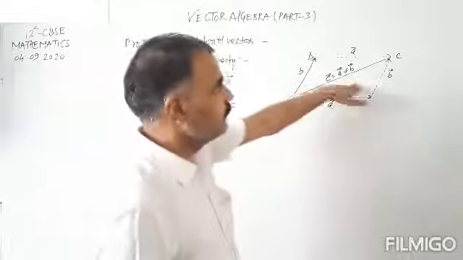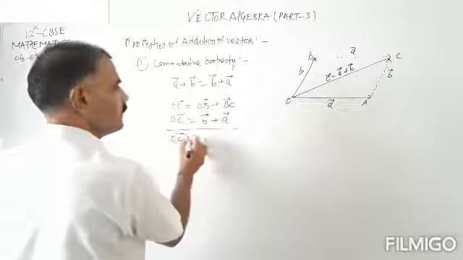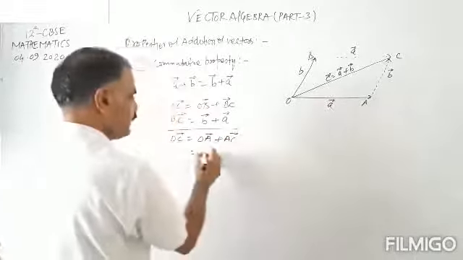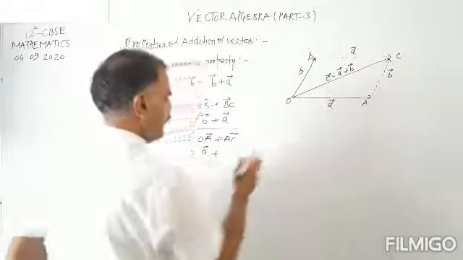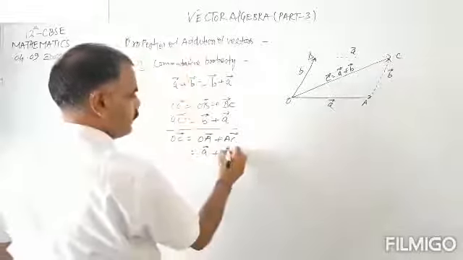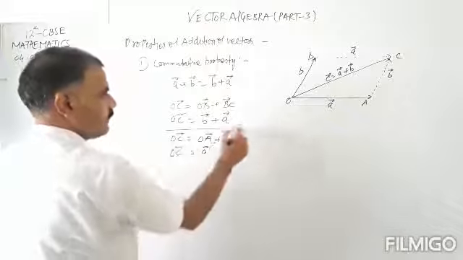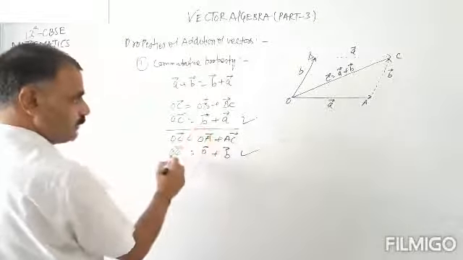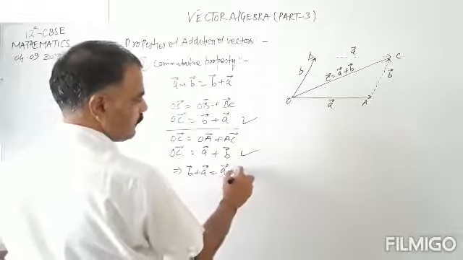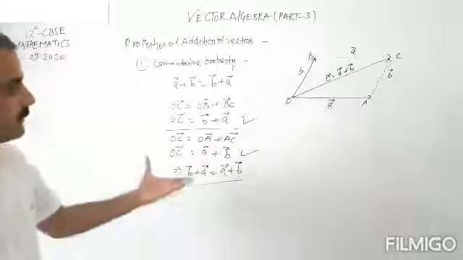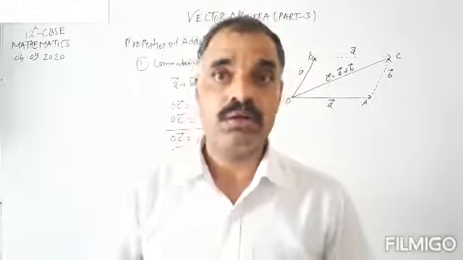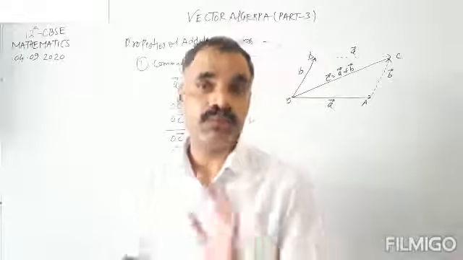And in this triangle, OC vector is equal to OA vector plus AC vector. OA vector means A vector, plus AC vector means B vector. So both are OC vector. So B vector plus A vector is equal to A vector plus B vector. This is the commutative property of addition of two vectors. So vector addition follows the commutative property.